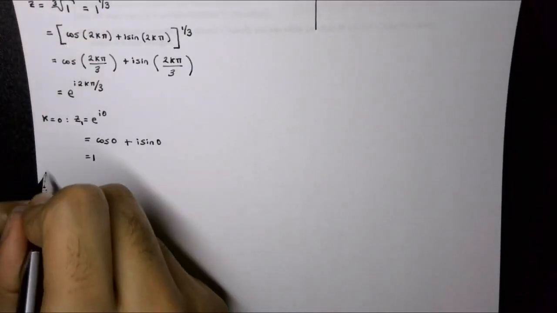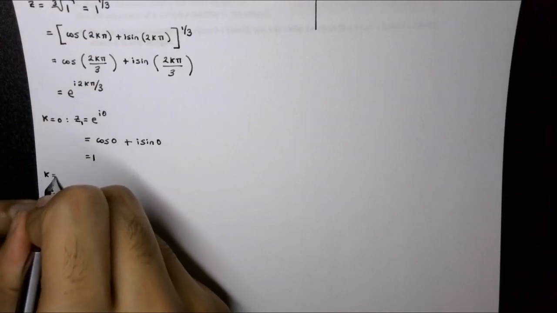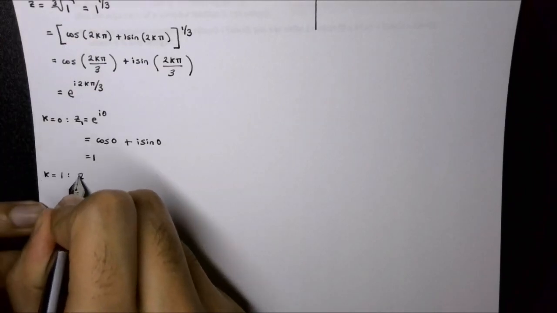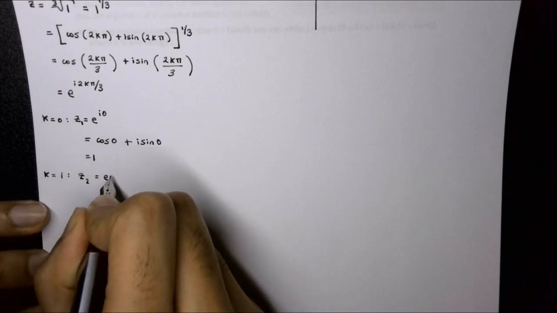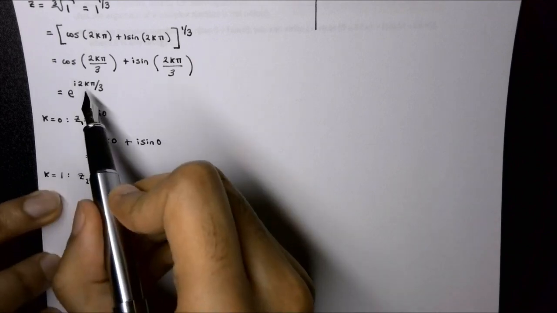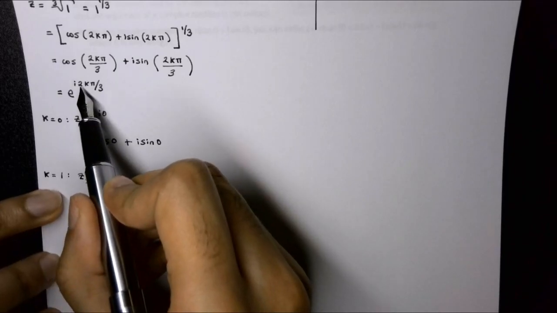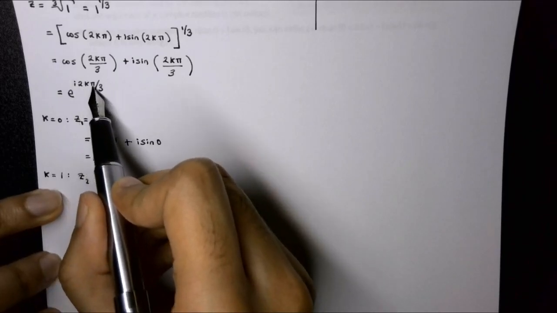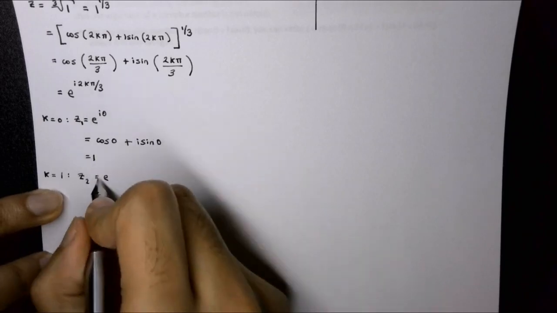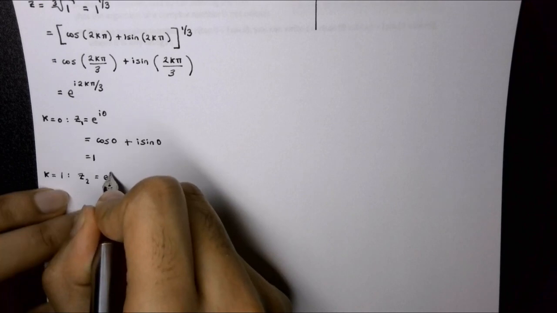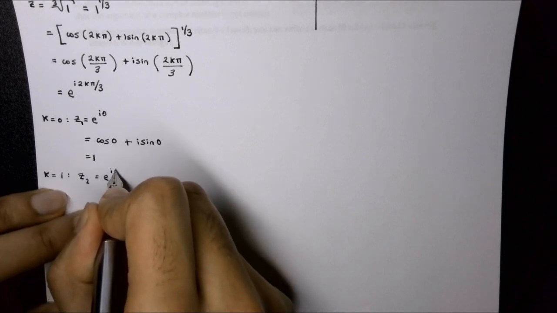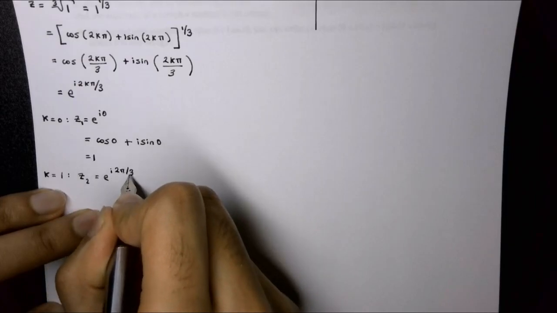Now let's see what happens when k is equal to 1. z2 will equal e to the power of... now over here, if we take a look at k equaling 1, we've got 2 lots of 1 times π over 3. So you can see here we've got z equals e to the power of i lots of 2π over 3.